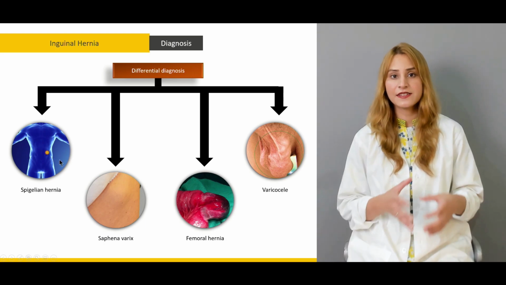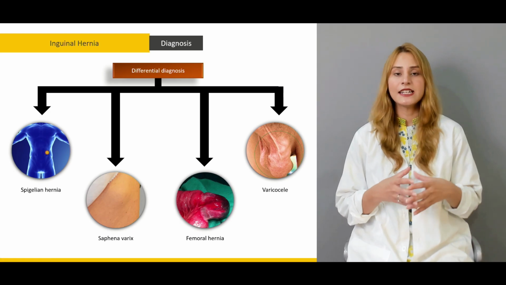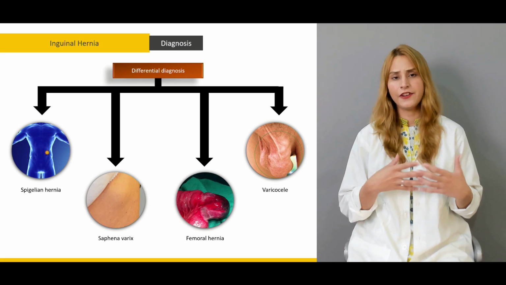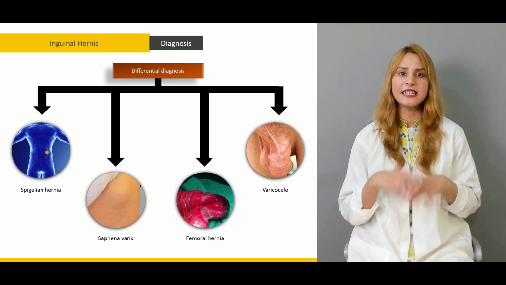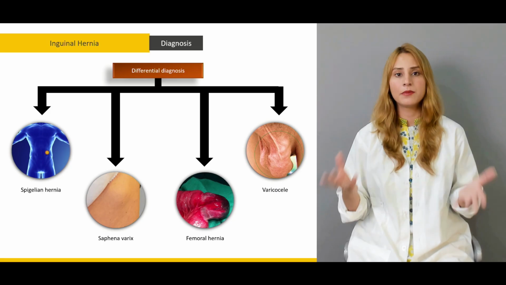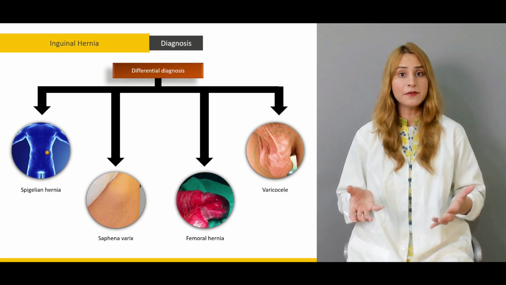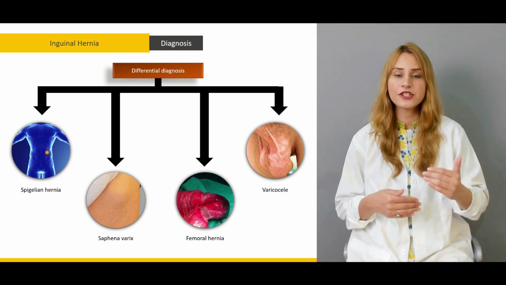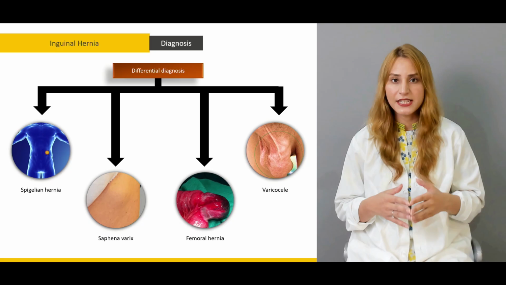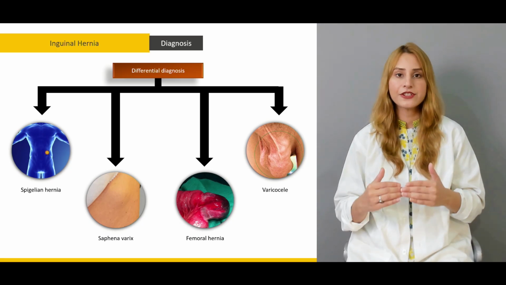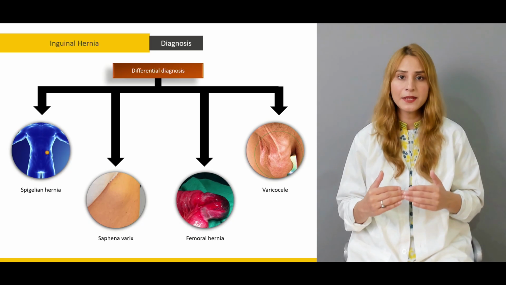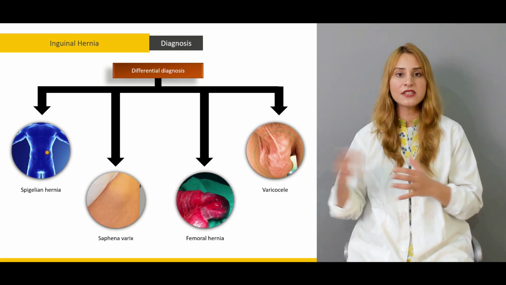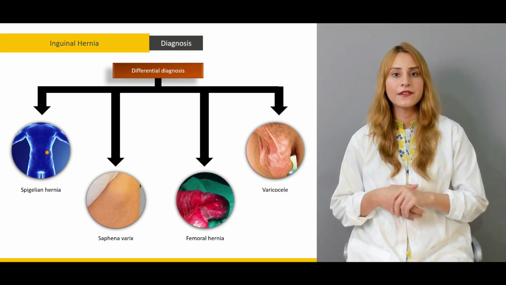A spigelian hernia comes from the spigelian fascia, which is the fascia formed by the union of the internal oblique and the transversus, the innermost layers. If we talk about the abdominal layers, you have the skin, the superficial fascia, the subcutaneous tissue, then the external oblique aponeurosis, the internal oblique, the transversus muscle, the transversalis fascia, and deep down the peritoneum.